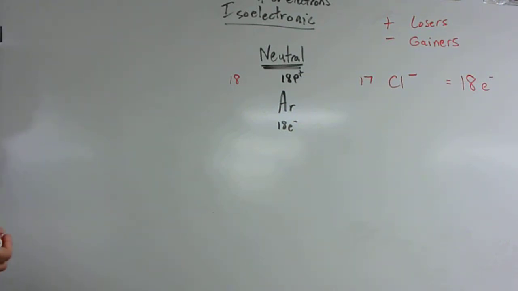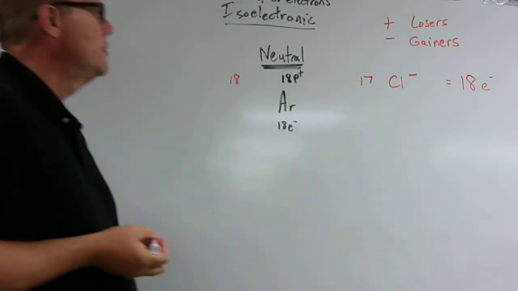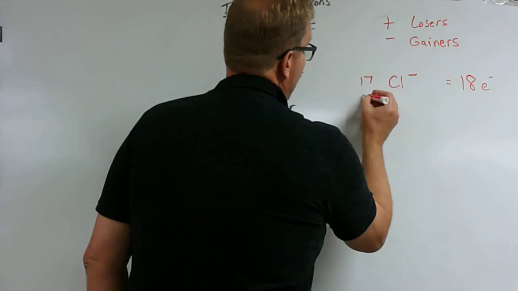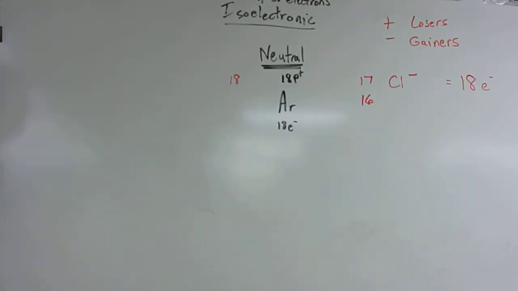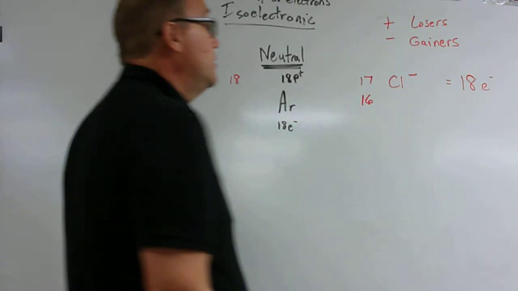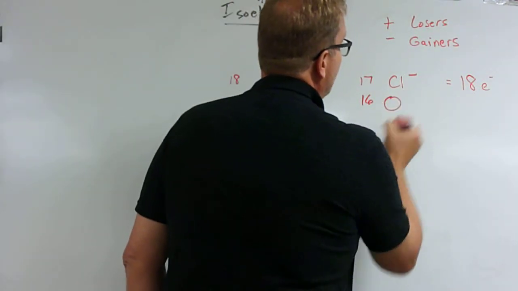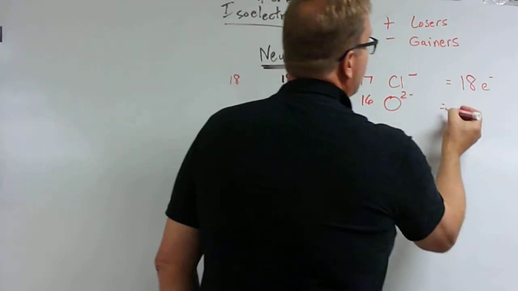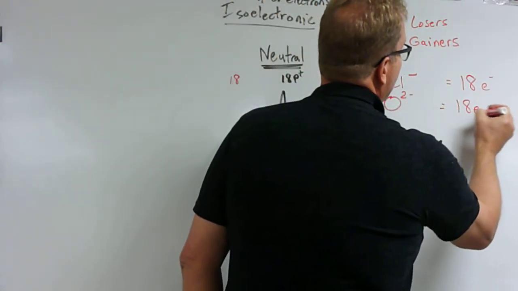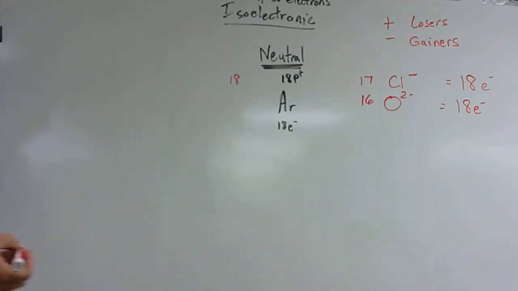You're going to kind of follow the trend as I go. Let's go down one. How does oxygen become isoelectronic? It needs 2 more to get to 18. That's where its charge is going to come from. Now it's isoelectronic with argon.